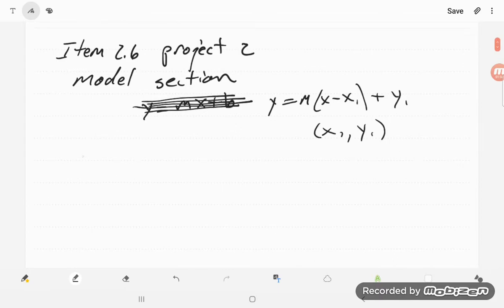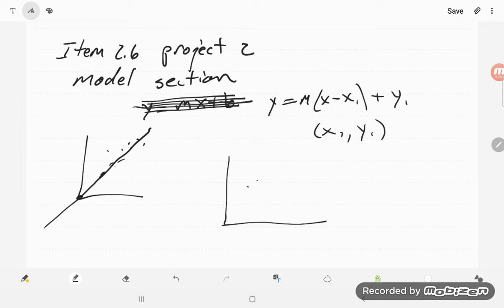And remember in project 1, you had a fixed point to work with. You had 0, 0, and you had your data out here, and you wanted to find that slope that fit that beautifully.